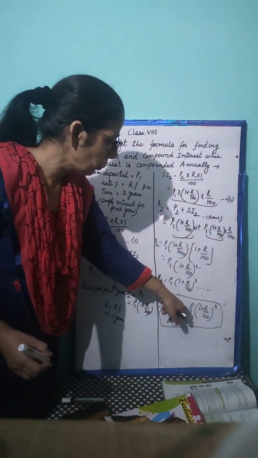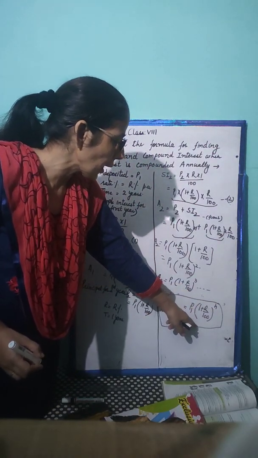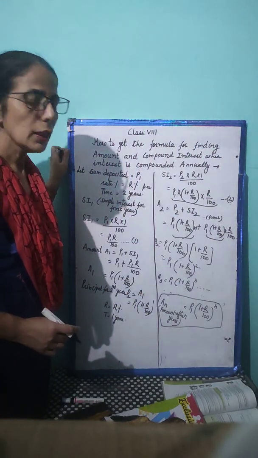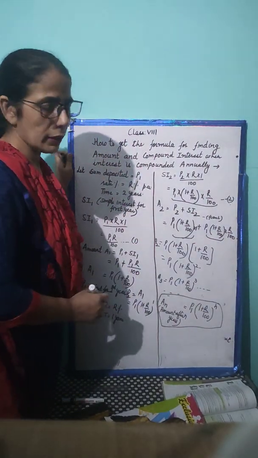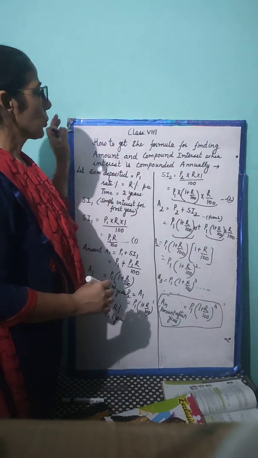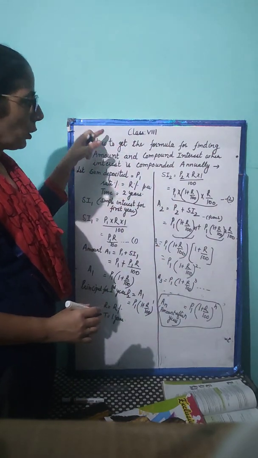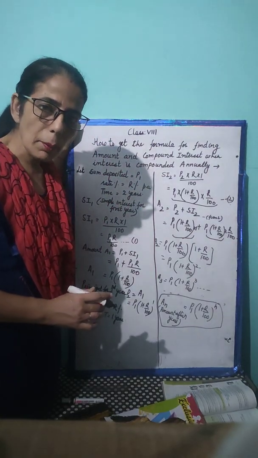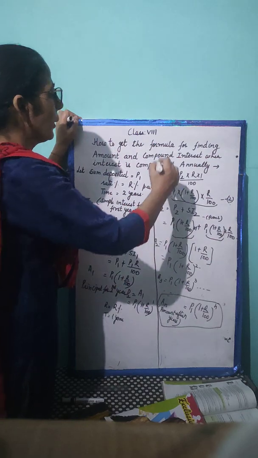Amount is equal to P1 into 1 plus R by 100 raised to power n, where n is the total time period. Have you got it? So this is the formula for finding the amount when the interest is compounded annually.